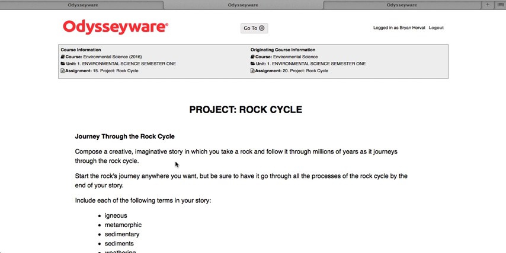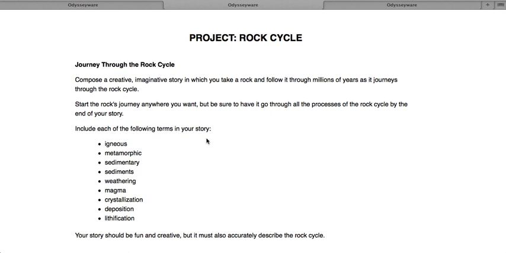Let's talk about the project. So basically, the point and the purpose of this project is for you to write essentially a creative story that shows your understanding of the rock cycle. Okay, so the goal here is to choose a type of rock and determine what might happen as it undergoes geological changes.